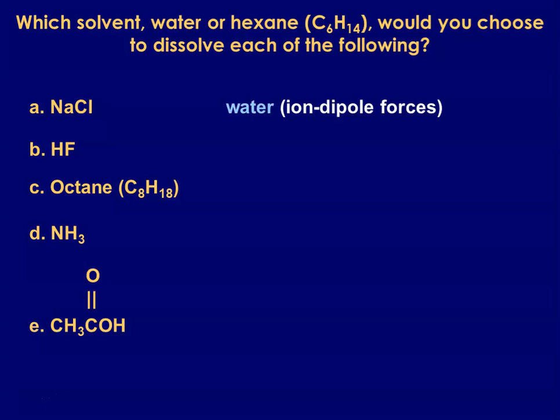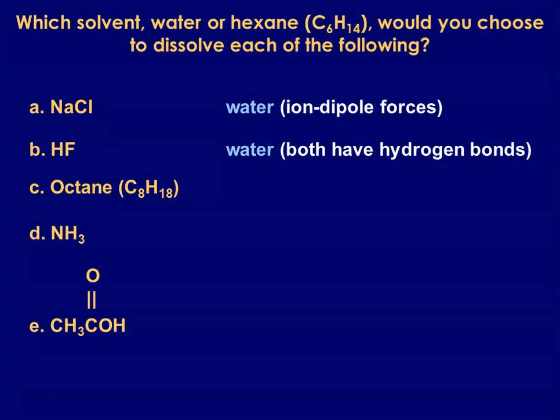HF forms hydrogen bonds. It's a polar molecular compound, and so it's going to dissolve in water as well. It has the same type of intermolecular force. They both have hydrogen bonds. Octane is similar to hexane in that it's just made of a bunch of carbons and hydrogens bonded to one another. Carbon and hydrogen are similar in electronegativity.